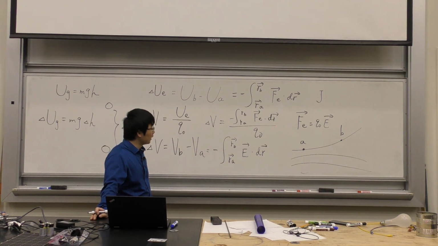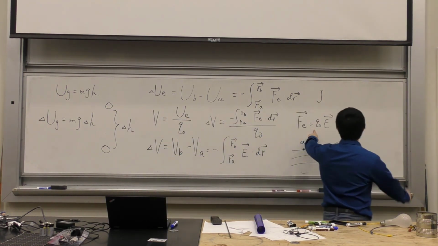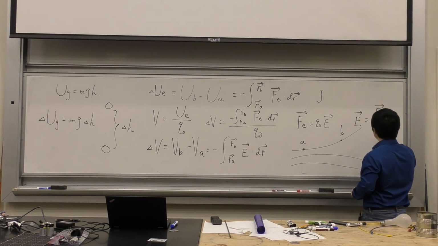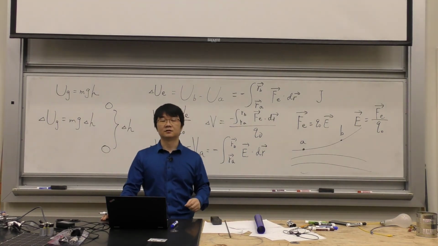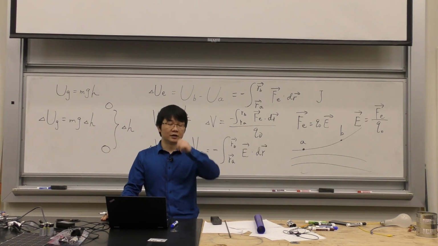Okay? So the relation between this potential and potential energy is the same as the relation between the force and electric field, right? You see that field is defined as electric force over the test charge, so that the field is totally determined by the source. Once the source is given, electric field is given, right?